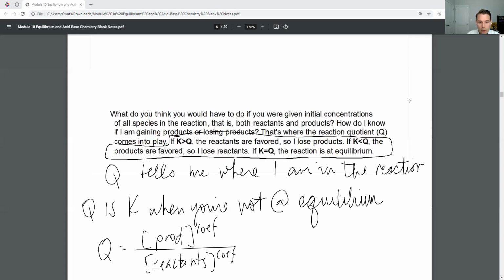Okay, so you're going to see, I think in the homework assignment, there is a question where you are given something like this, and you have to determine, and it does the change. So it could either be minus x plus x plus x, or plus x minus x minus x.